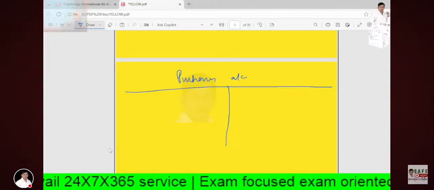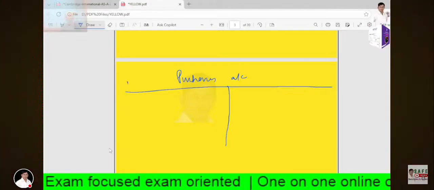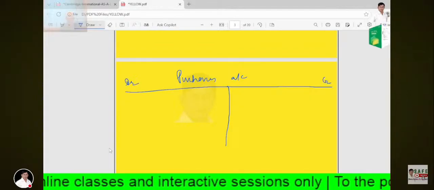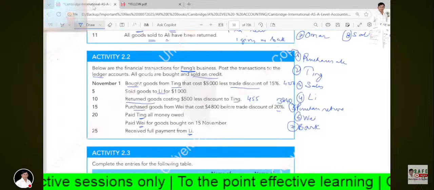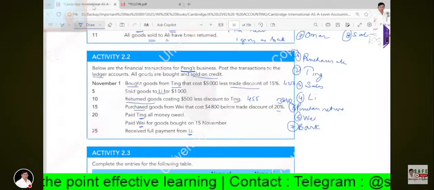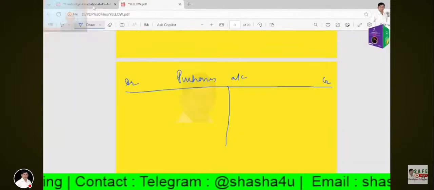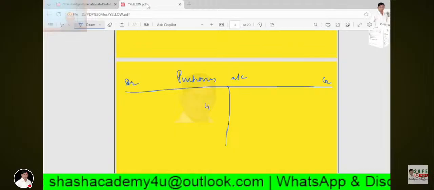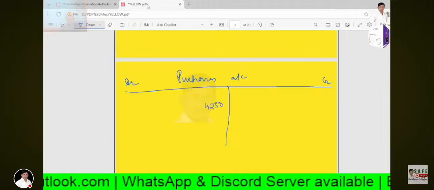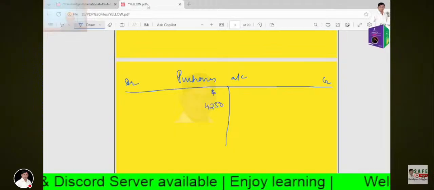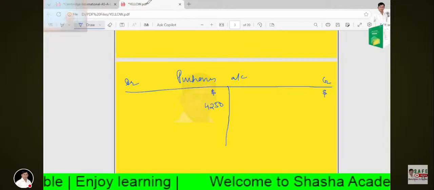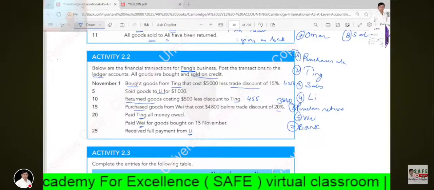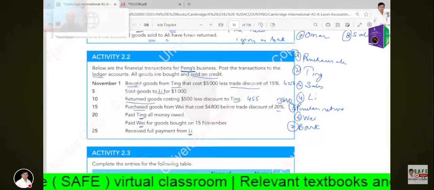This side is always debit. This side is always credit. The purchases account will be debited with 4,250, because purchases is an expense, and an expense account is always debited. Don't forget to write the dollar amount. And what is the date? November 1, bought from Ting.